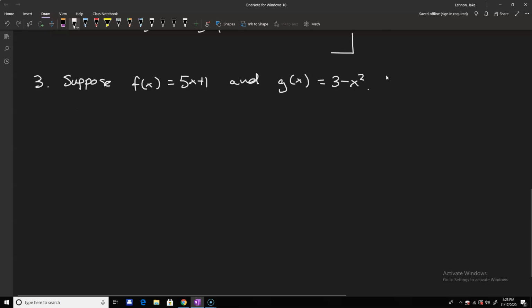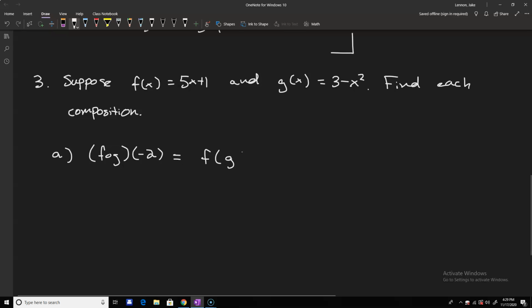So let's say find each composition. So let's say we do f of g of -2. So remember, that really just means we're plugging negative 2 into the g formula, and then plugging that result into f.